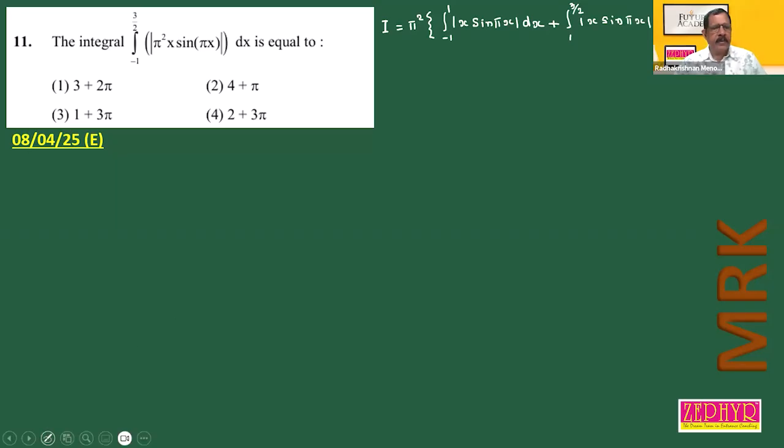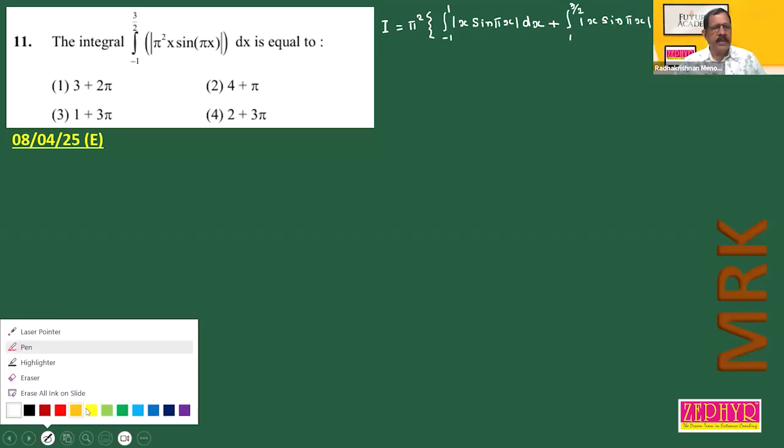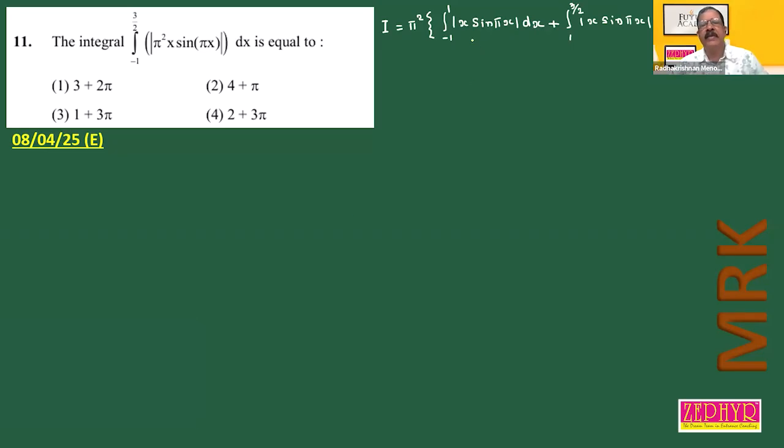Now, when you see these definite integrals, the first one is an even function. The function is an even function, is it not? You can understand it when you replace x by minus x, so it will be minus x into sine minus pi x.